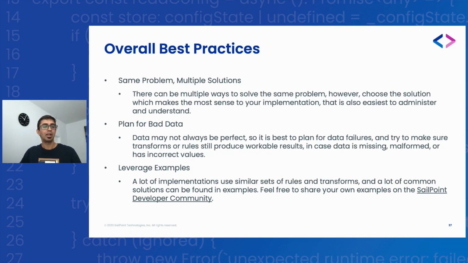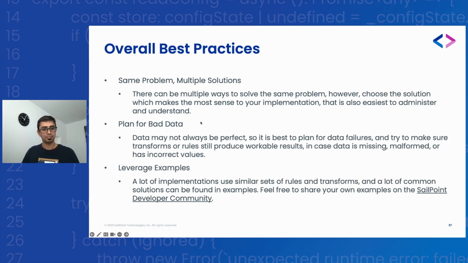So the implementation team needs to make the best judgment and choose which one would be better. And when they choose an approach, they also need to keep in consideration that the approach they are taking is maintainable going forward, and is easy to understand by other team members in the team.